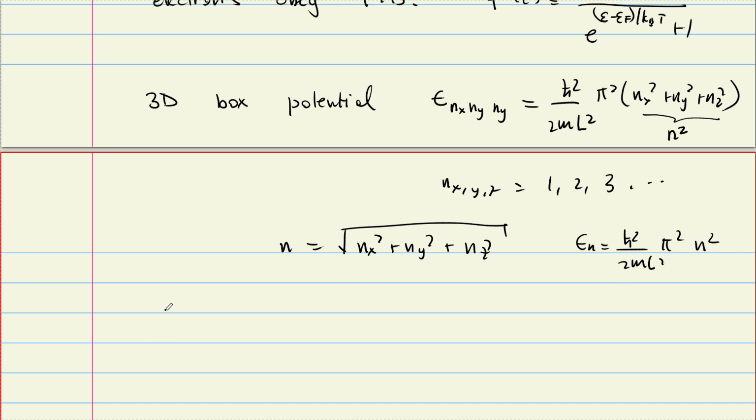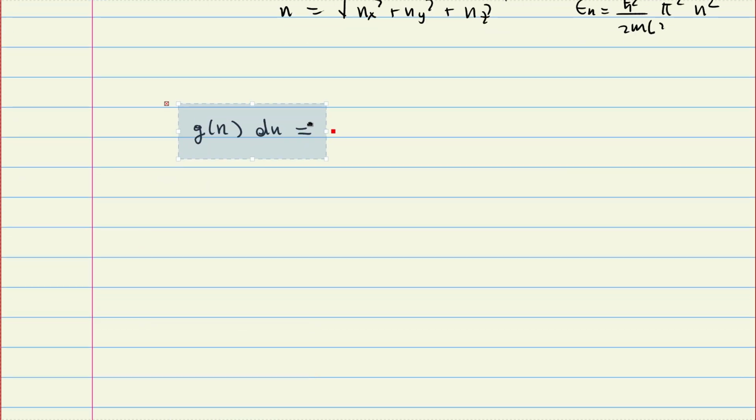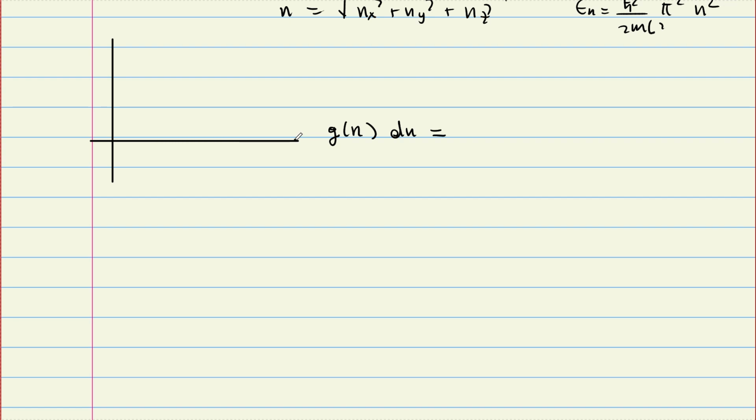Now I need to calculate the number of modes at a given n. Let me draw a 2-dimensional picture. You can generalize it to 3D. We have these points, and we are considering a shell here.